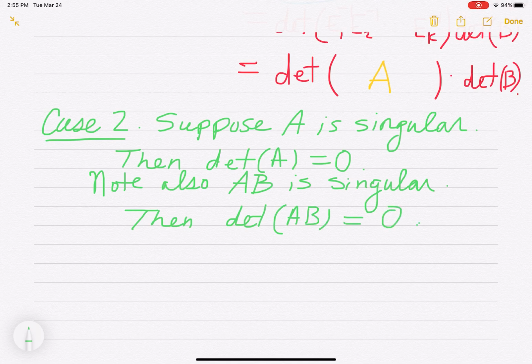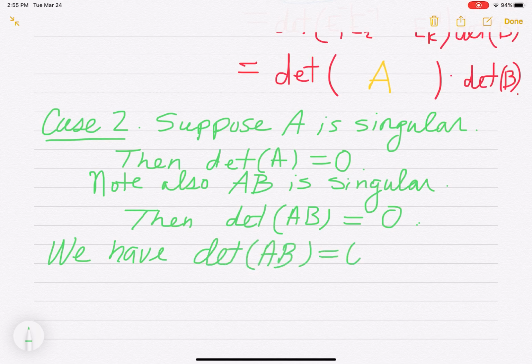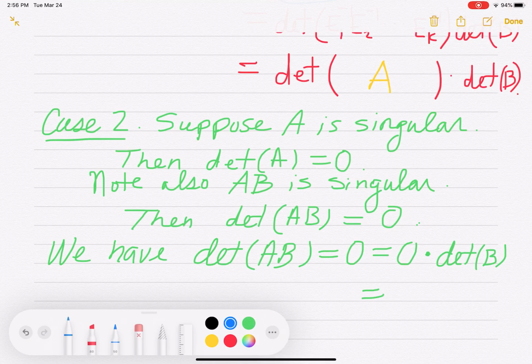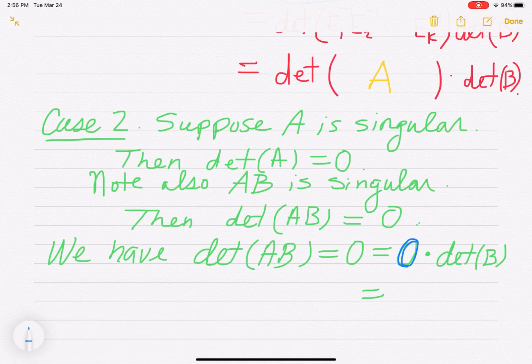So here we go. So what do we have? We have determinant of AB is 0, right? And 0 is going to be what? The same thing as 0 times determinant of B, right? 0 times determinant of B is 0. But wait a second. What is another name for 0 here?